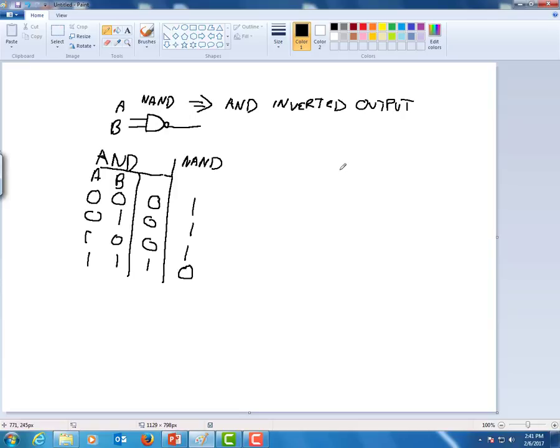Now, tell me something. Look at this gate. What happens if we change the gate from an AND to an OR? Get it? That's your OR. Now, let's invert the output.